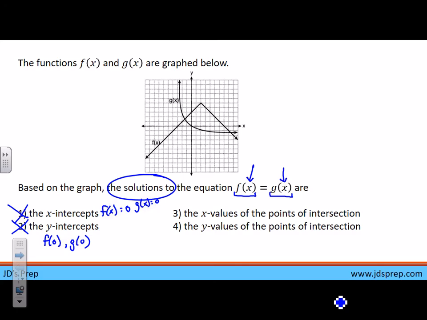So whenever we are looking for solutions to one of these types of equations, we are always looking for the x coordinate values. So the x values of the points of intersection will give us the solutions to the equation f of x equals g of x, telling us where this equality happens.